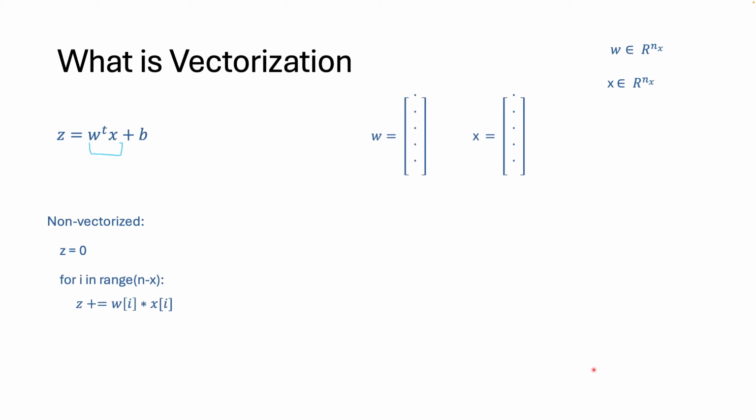Then we update z, which is w_i times x_i. That's how you usually multiply two vectors, assuming they have the same dimensions. Then, because we have plus b, you update z with b, and b is always a constant number, so we just put it here for now. That's how the real function is.